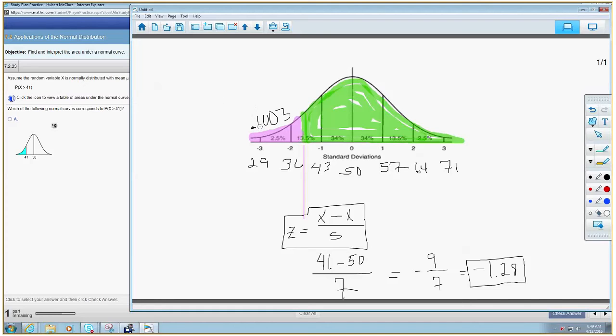You're going to have 89 something 7. What is it? 89.97. So this area is 0.8997. So you got a 90% chance of your score being above 41.